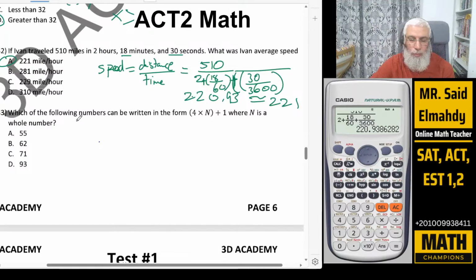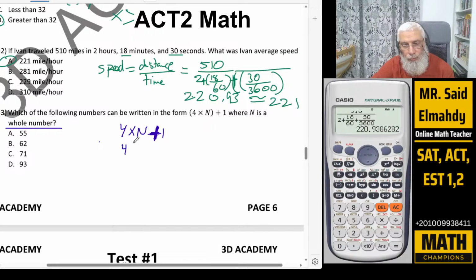Which of the following numbers can be written in the form 4 multiplied by n plus 1, where n is a whole number? So this is plus 1. 4 multiplied by n, and n is a whole number.